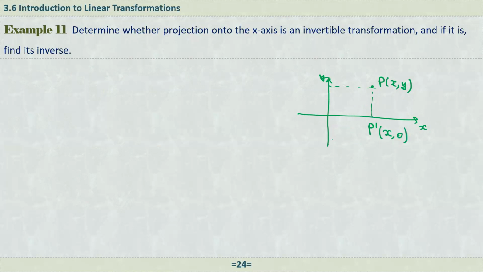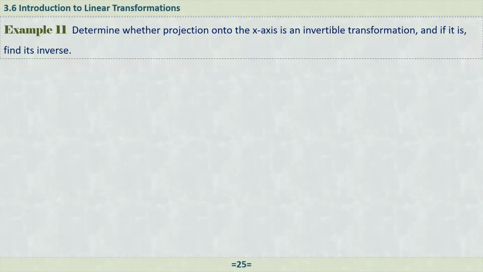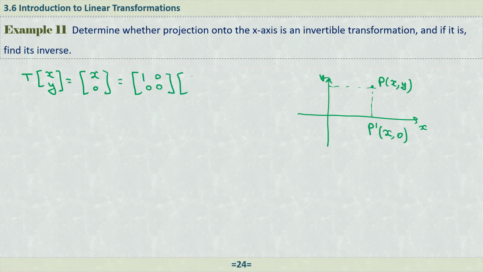And if you remember, its standard matrix was, let's say this transformation takes xy to x0, it was 1 0 0 0, multiplied by xy.